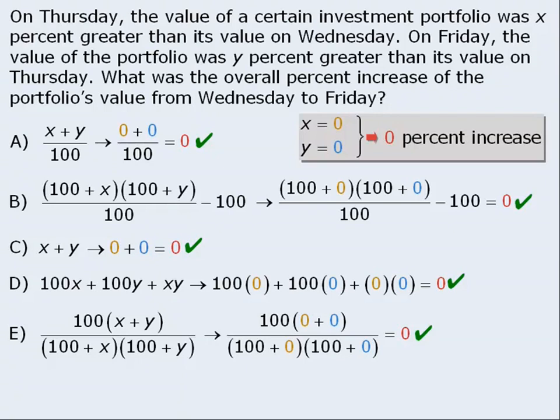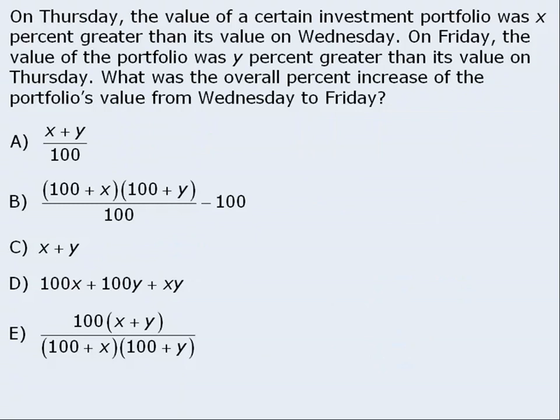At this point, we might try some less obvious values, or we might try using one more set of easy values. Now don't forget, we're looking for values that we can plug in and evaluate quickly in our head. So this time, let's see what happens when x equals 0 and y equals 100.